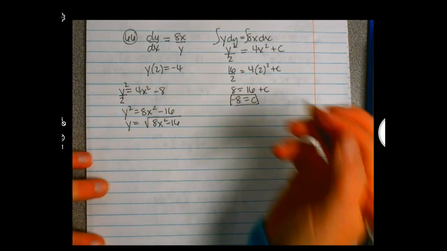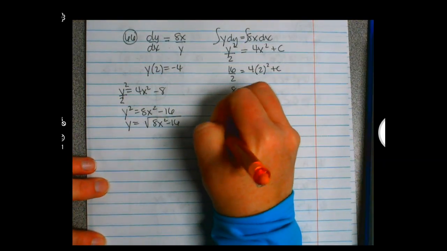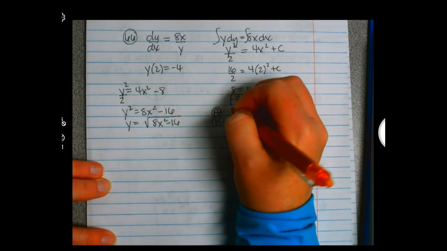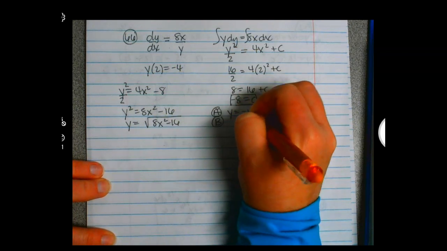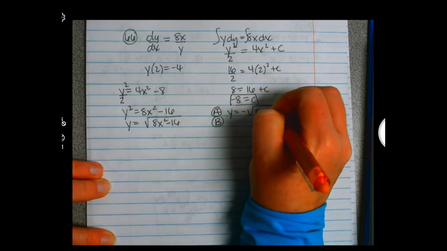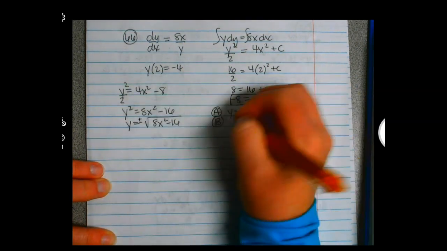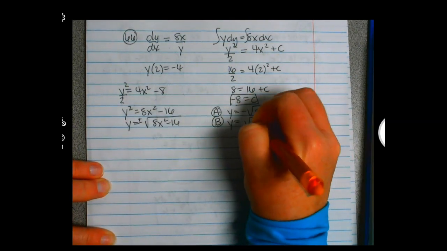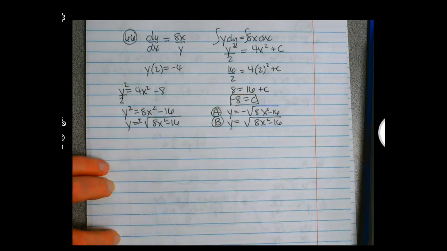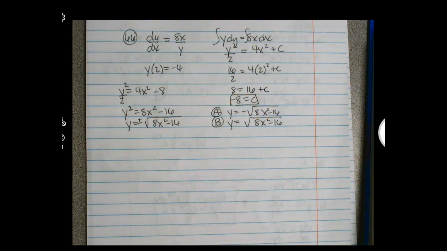Because a and b are similar. One is y equals negative the square root of 8x squared minus 16, and the other is the square root of 8x squared minus 16. How are y'all going to tell the difference?